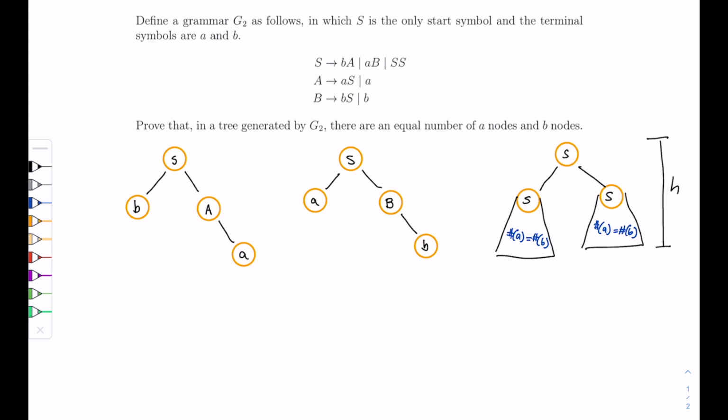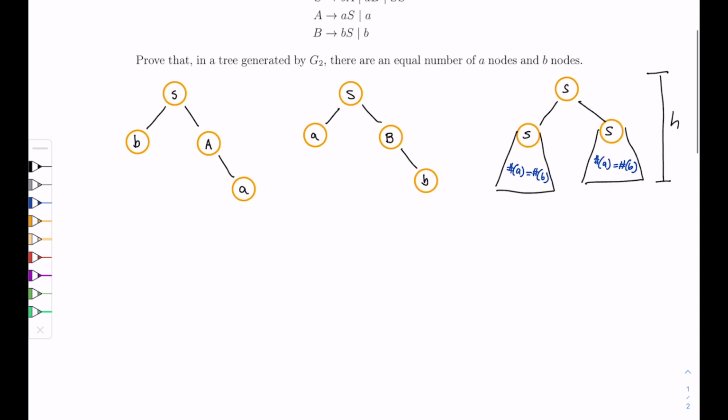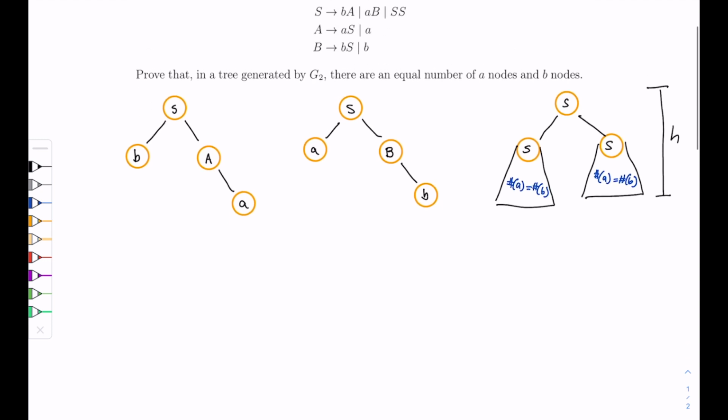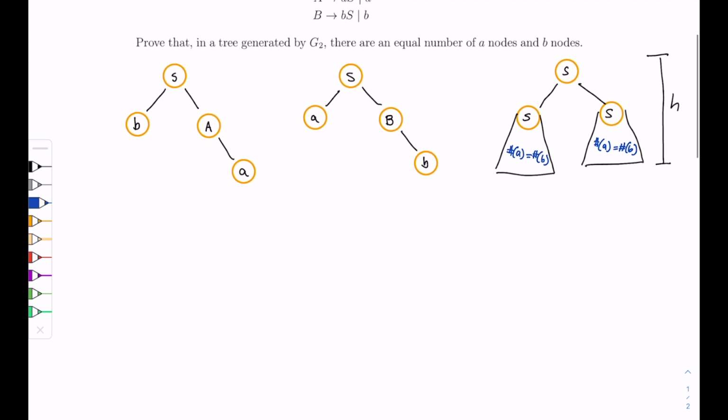Okay, now is there anything else? Yeah, there's some more interesting ones. So we have by these rules cases like these. Now, like this right here, technically we really only need to consider one because you can do these symmetrically. So let's take a look.